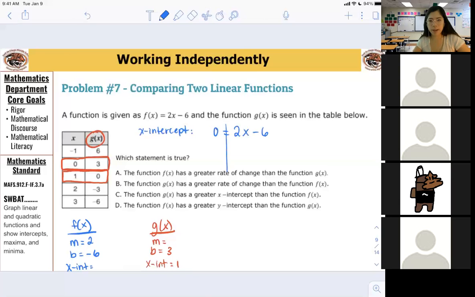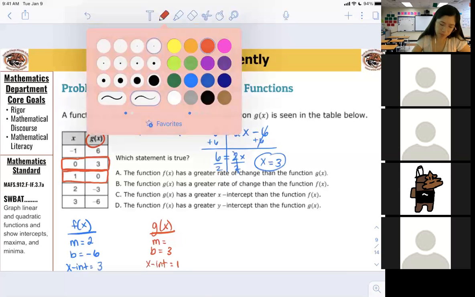What do I do? You add the 6 on the other side. So I have 6 equals 2x. Then you divide by 2. And I end up with 3. So x equals 3. My x-intercept is 3. And now the last thing I need to know is the slope for g of x.